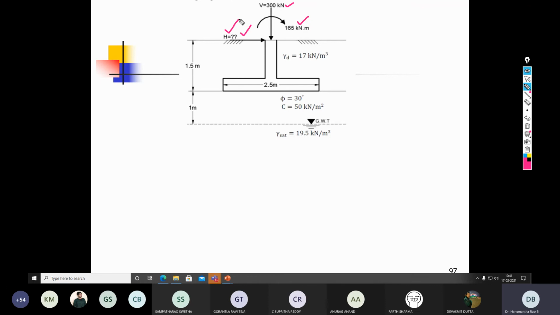Even in the previous two sums, we were considering the axial load and the moment. But what was the meaning of the moment here? It was the relocation of the footing load from one end to the center. Say for example, let me show it here.